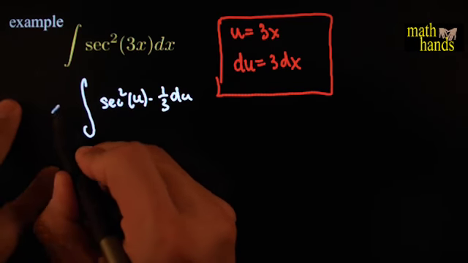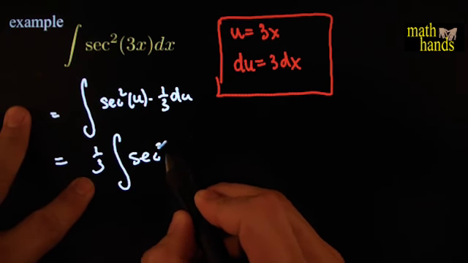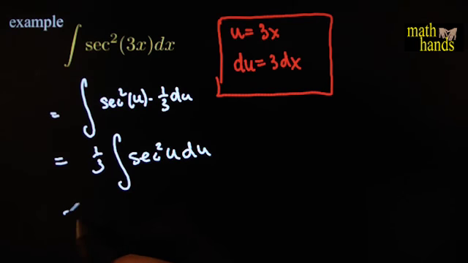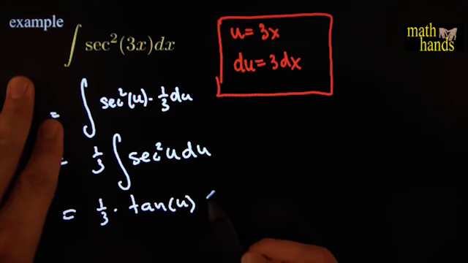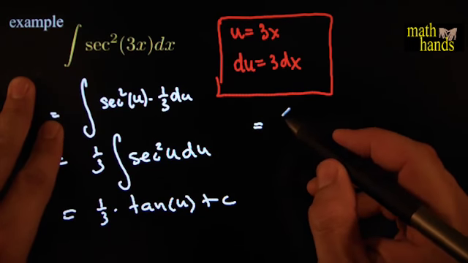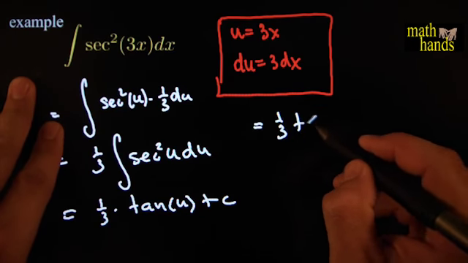That would be 1/3 integral of secant square u du, and that's a basic one. So that would be 1/3 times tangent u plus a constant. Again, it's customary to change back to x's, so that would become 1/3 tangent of 3x plus a constant.